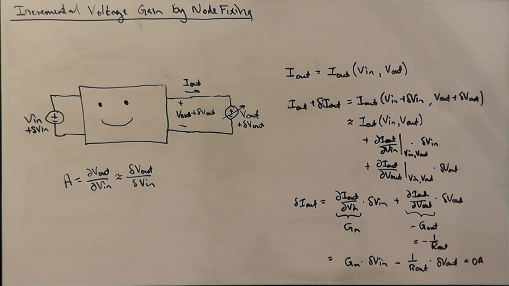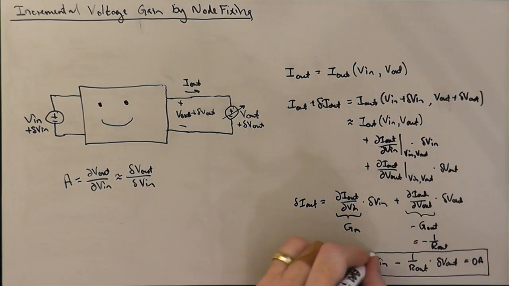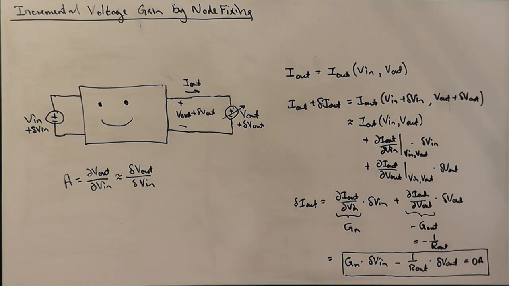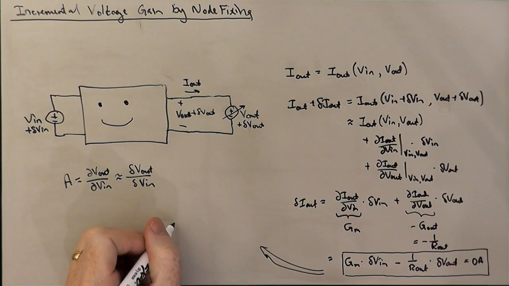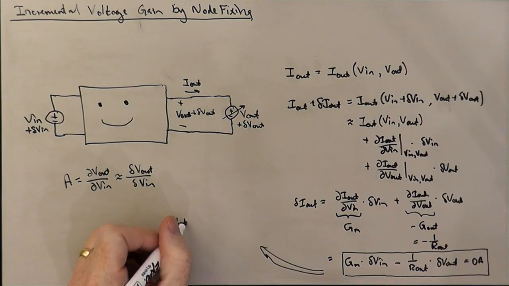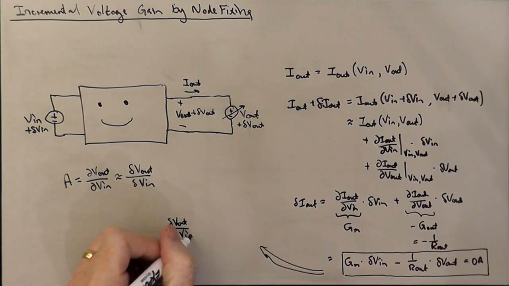In that particular combination, we can basically solve this equation here for the particular ratio of delta V out to delta V in that makes this equation true. So if we take that over here, we can solve for delta V out to delta V in.